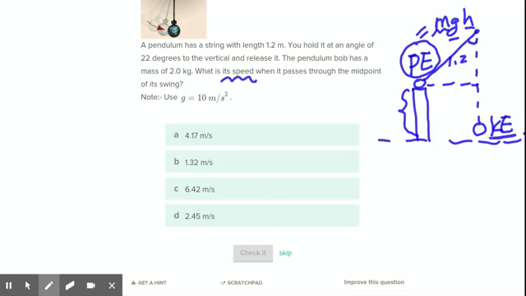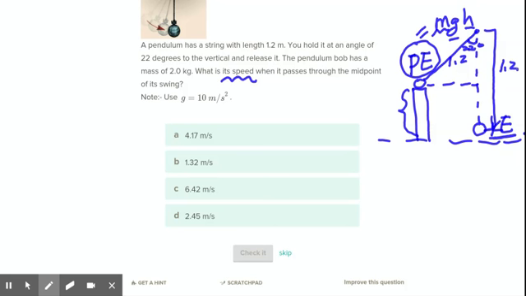So that means we have 22 degrees right here. And the total length when it reaches the midpoint is still 1.2, because when it reaches the midpoint, it's at the lowest point and it's vertical to the horizontal, to the ground.